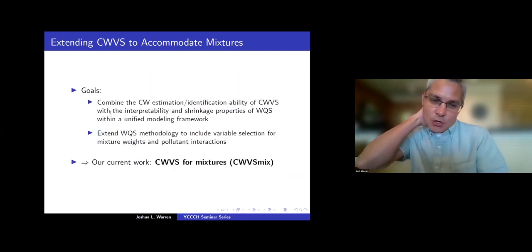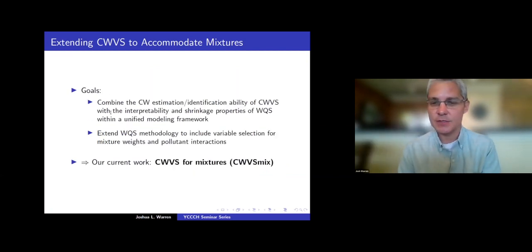All right, so we like WQS because of its relative simplicity and its interpretability. We like critical window variable selection. So the goals here were to combine that estimation and identification ability of CWVS with the interpretability and shrinkage properties of WQS within a unified modeling framework. WQS is nice. It has these sum to one components that are between 0 and 1.